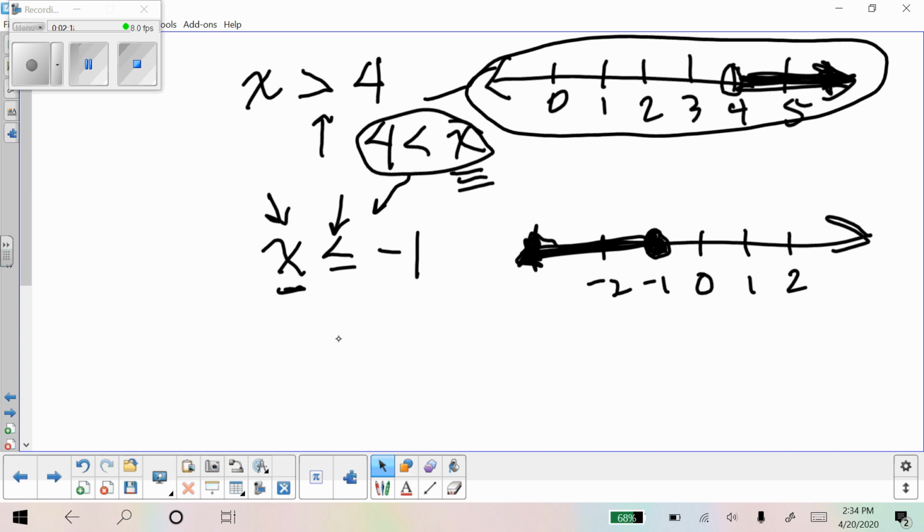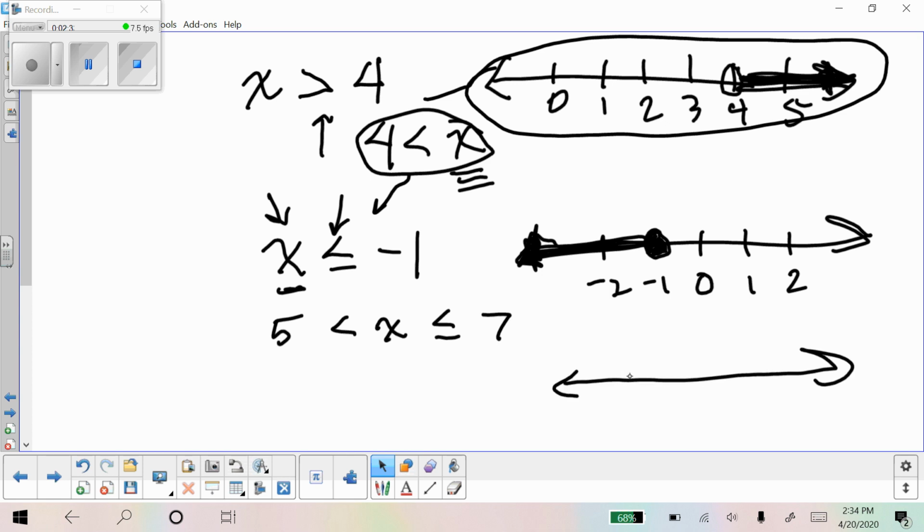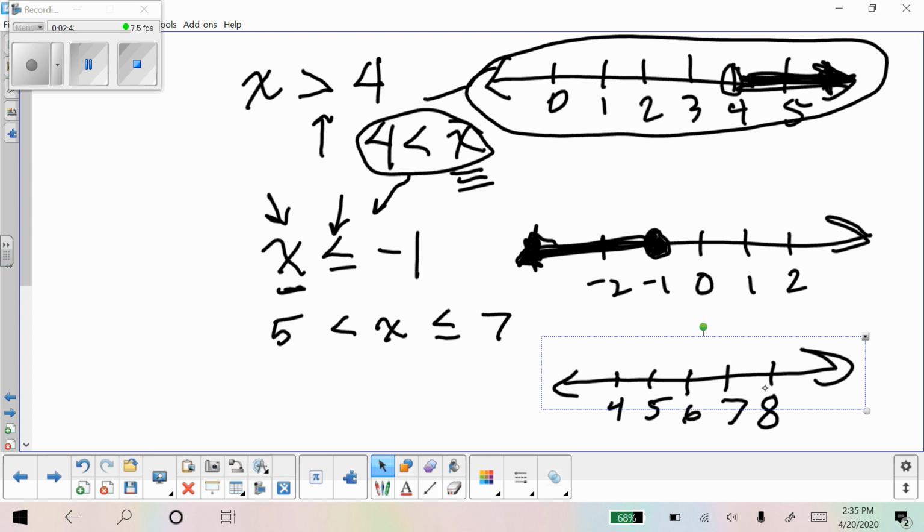All right, now if we have a compound inequality, like let's say we have 5 is less than x is less than or equal to 7. Now to do that on a number line, let's say I have 4 here, 5, 6, 7, 8. So right here, it's actually saying 5 is less than x, or switch that around, x is greater than 5.